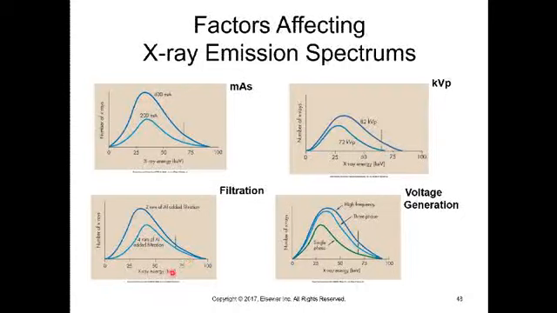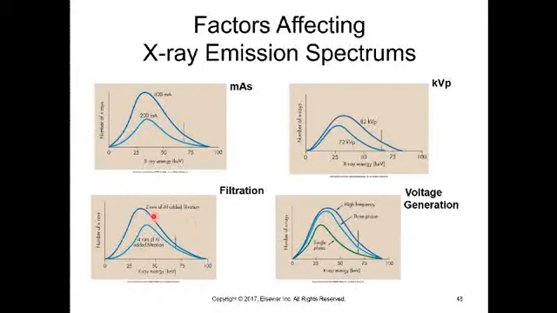Filtration also affects both amplitude and position. It's inversely affecting it, but not proportional. So, well, that's not true. It's inversely proportional, I guess I should say. When you add filtration, so you start at 2 millimeters of aluminum and then you add 4 millimeters of aluminum, it's going to cut your quantity in half, but it's going to make it a higher quality beam.